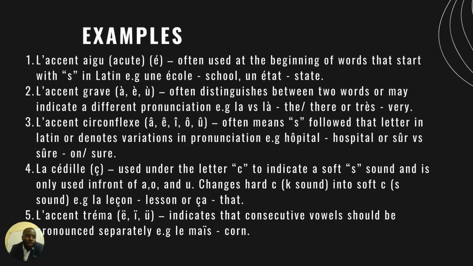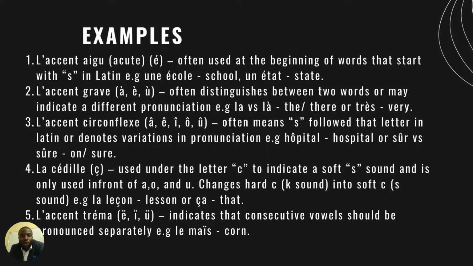Then we have what we call l'accent circonflexe. It's more like a small triangle on top of those letters between brackets. It often means an S followed that letter in Latin, or it denotes variations in pronunciation. For example, if you say hôpital, that's French, and it translates to hospital.